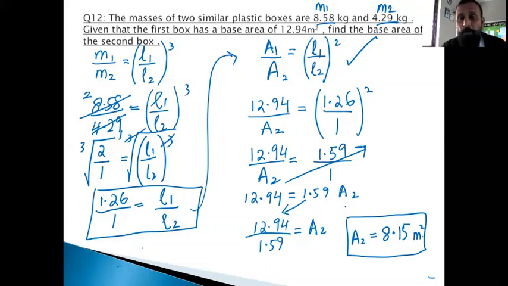We have used the formula A1 upon A2 equals L1 upon L2 the whole square. We plug in these values of L1, L2, A1 was given to us, and we calculated A2 by cross multiplying and simplifying it. We found that A2 is 8.15 meters square. Hope the message is clear, the concept is clear, and you have learned it all.